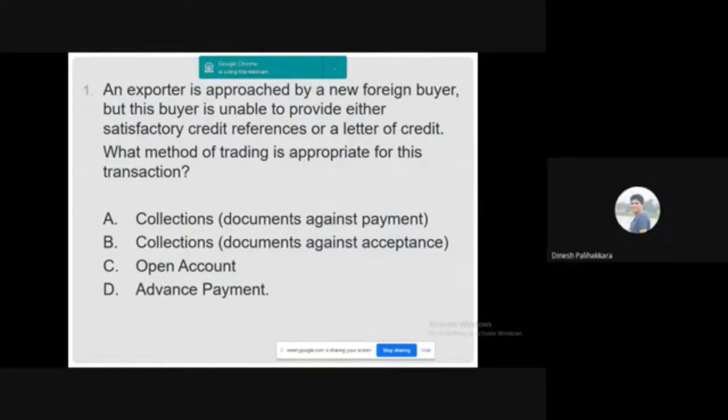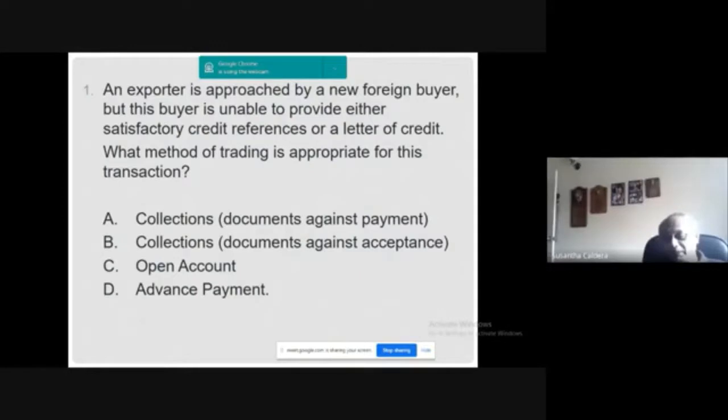Advance payment. But one of you has mentioned A. Are you going to change your stance? A or D?